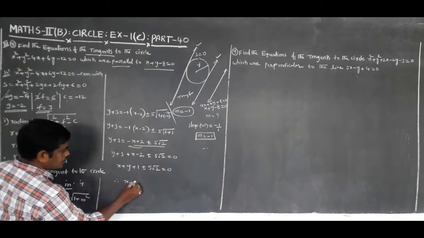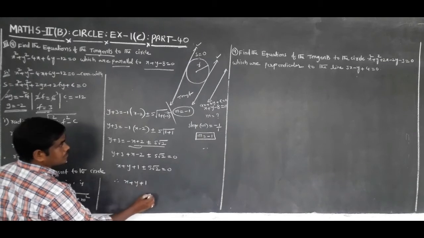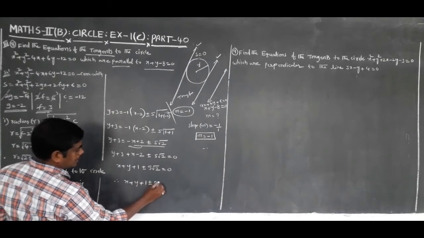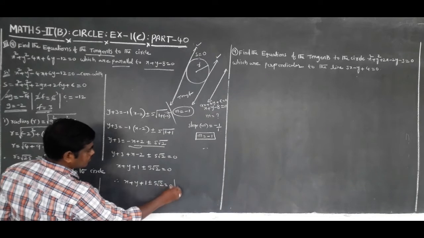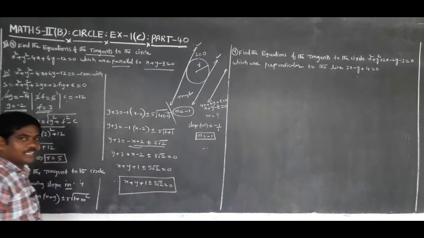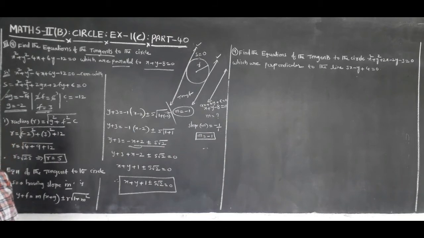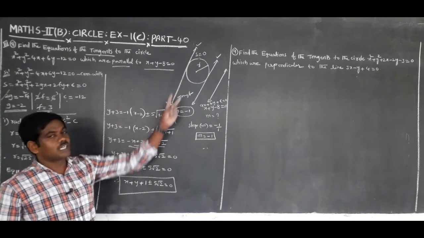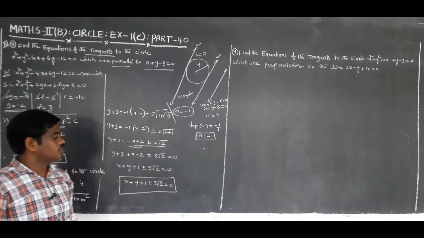Therefore, x + y + 1 ± 5√2 = 0, which is the required equations of the tangents to the circle S = 0.